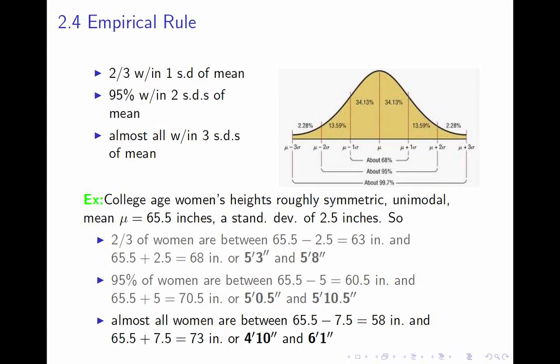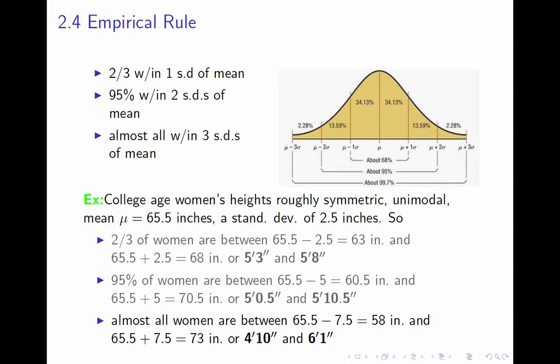Now we'll add 3 standard deviations. 3 times 2.5 is 7.5 inches. And we will see that we add and subtract 7.5 to the mean of 65.5, and we get from 4 foot 10 to 6 foot 1. So that's 58 inches and 73 inches.